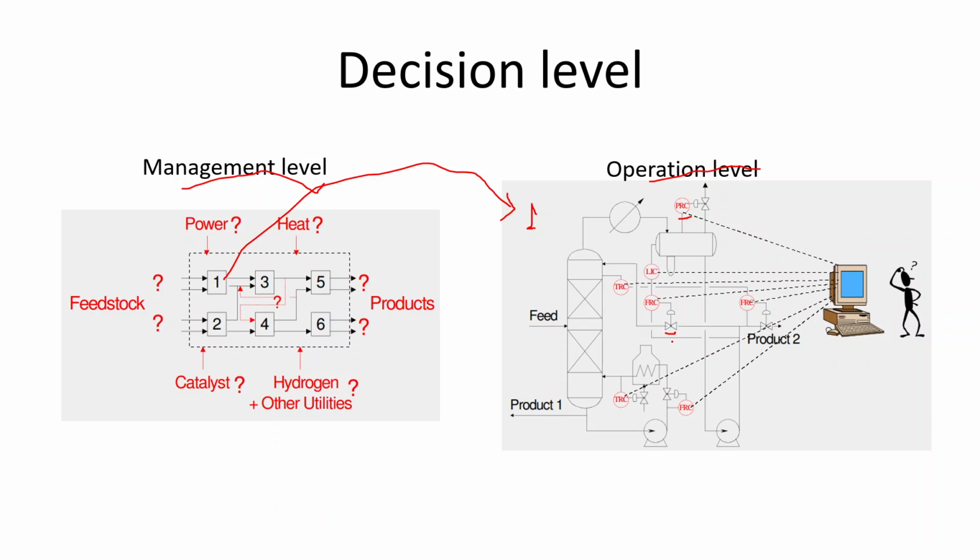And how much is the duty? In such a way, they can tell we have this product 2 and also product 1, for example. So they can evaluate the linear model that is used at the management level. They can validate this with their rigorous model of the distillation column, and also compare that with the data on the plant.